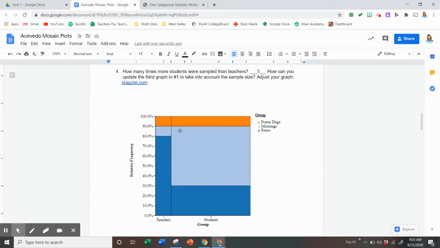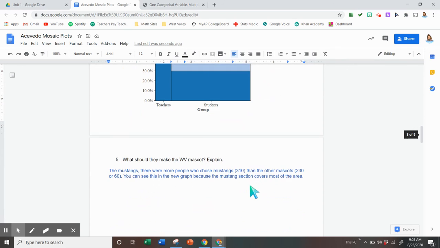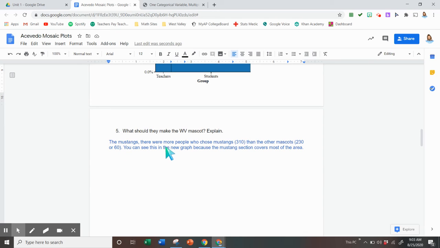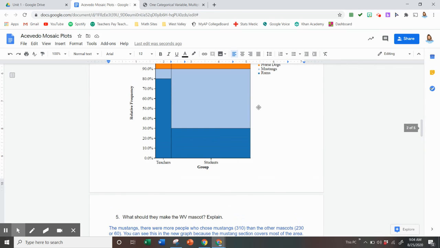We can also see that most of the area is taken up by the Mustangs as well. So for number 5, if you said Mustangs, I'd have to agree with you, because there were more people who chose Mustangs than the other mascots. And we can also see it in the graph above because it covers most of the area.